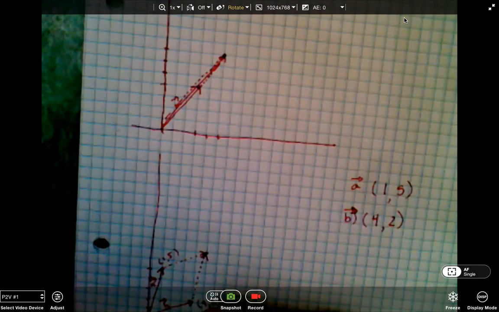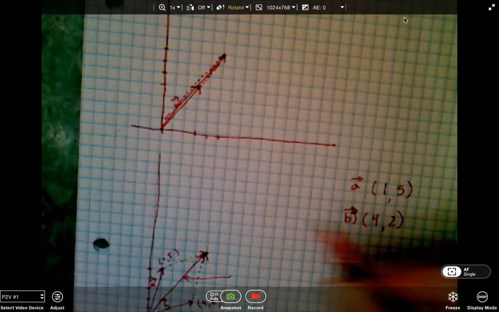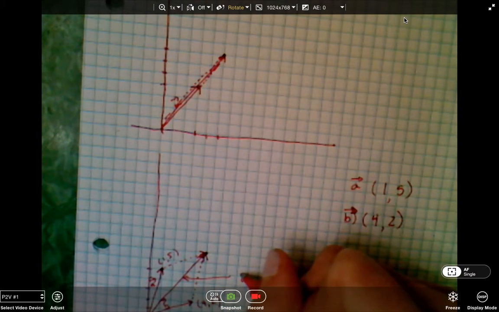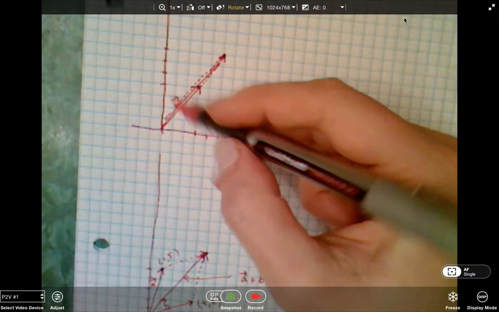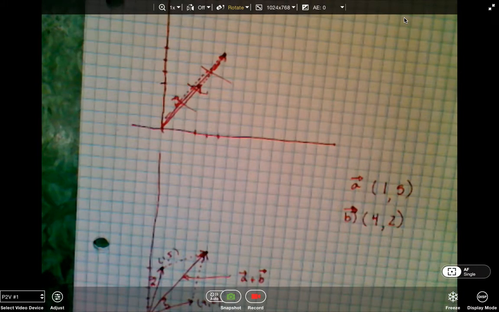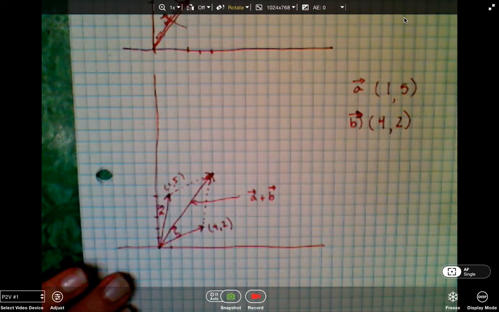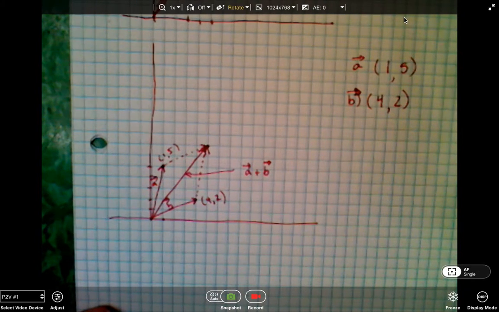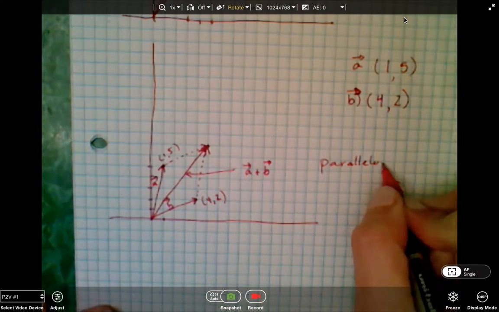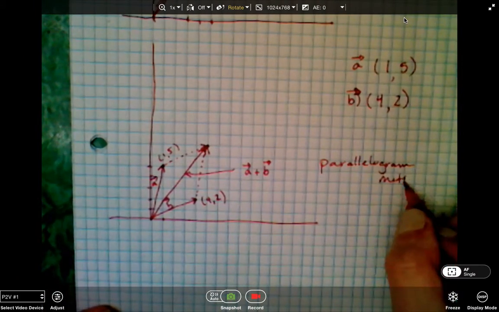And so this diagonal right here, that diagonal, is A plus B. That's the parallelogram method.